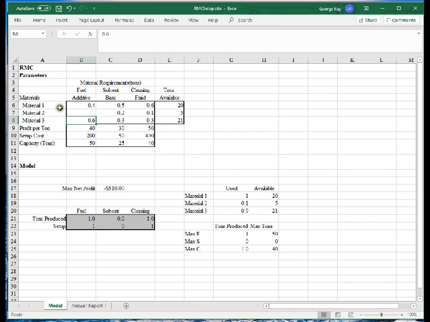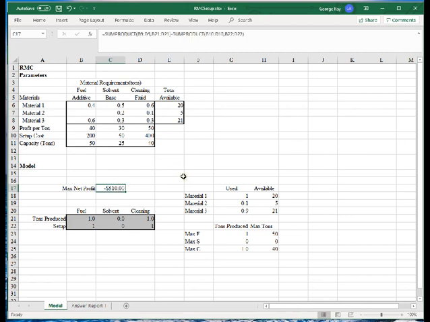The total tons available for material 1 are 20, material 2 5, and material 3 21. So we also have capacity limits of 50, 25, and 40 tons for producing the various products.